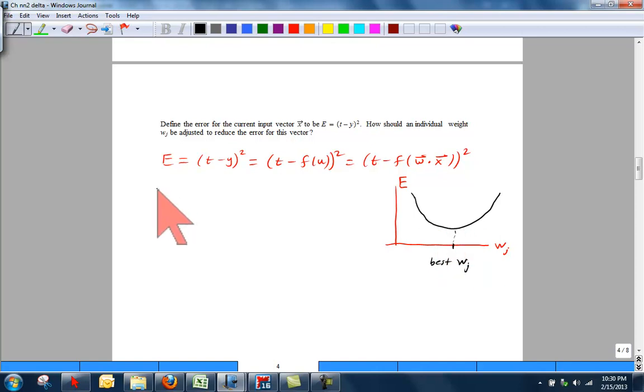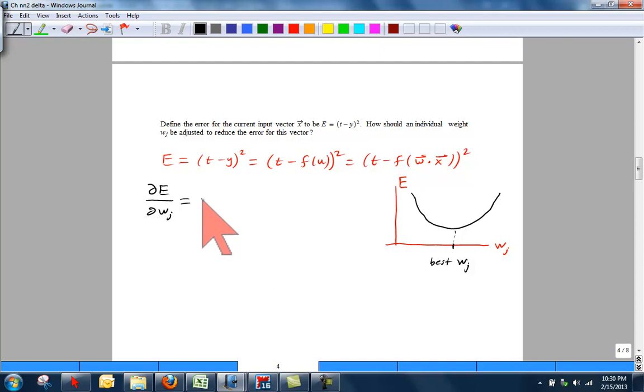So okay, let's talk about a derivative. Partial E, partial w_j. I'm using partial derivatives because there are multiple weights, w0, w1, w2. And this is a good exercise with the chain rule. Let's start here, and remember the w's are buried inside y.